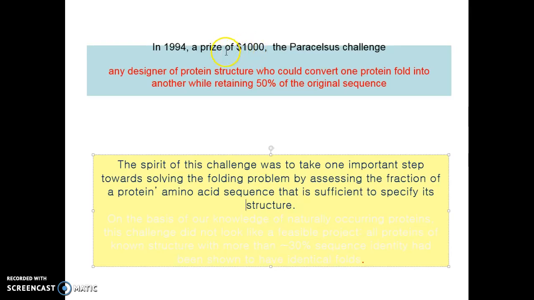Basically it asked for any designer of a protein structure who could convert one protein fold into another while retaining 50% of the original sequence. The spirit of this challenge was to take one important step towards solving the folding problem by assessing the fraction of a protein's amino acid sequence that is sufficient to specify its structure.